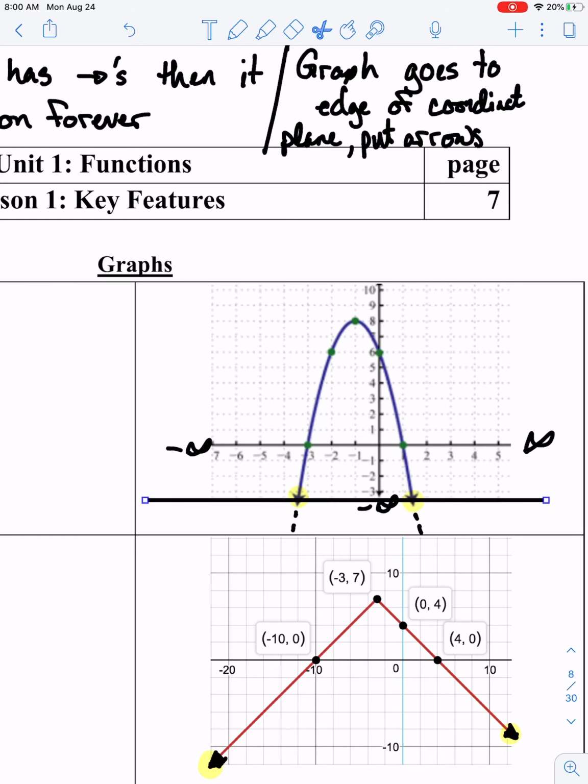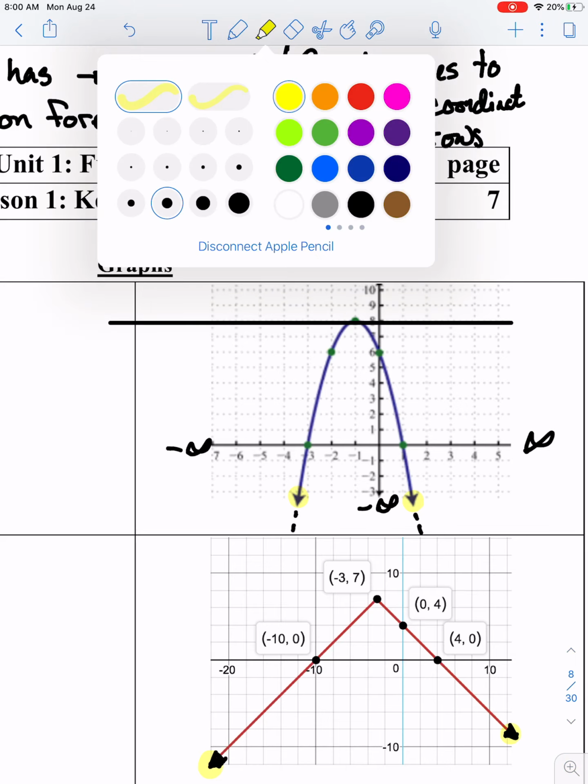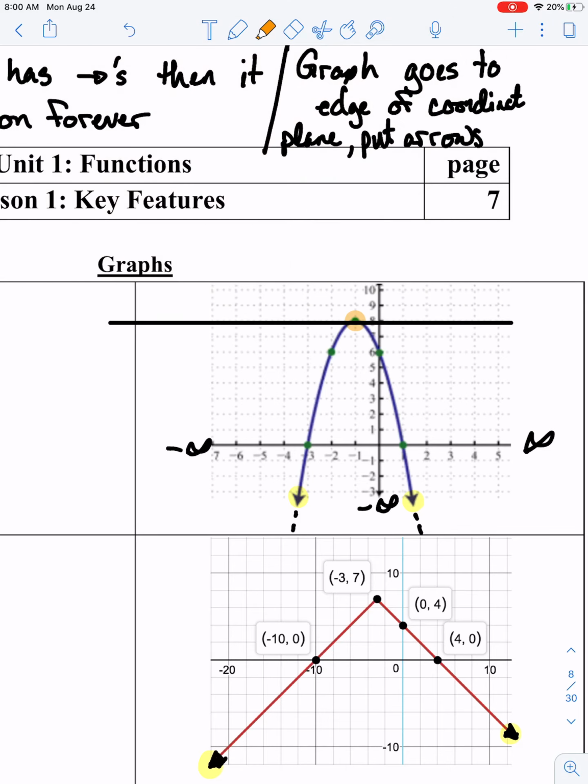But I'm going to go all the way up, looking for open dots or until I get to the top of the graph, which is right here. So there. And again, this is my biggest y value of the graph.